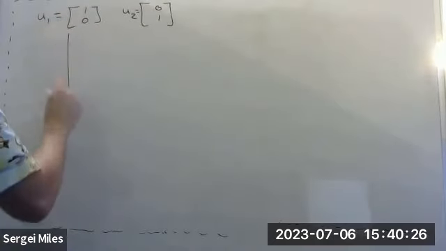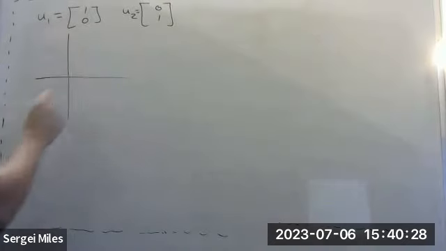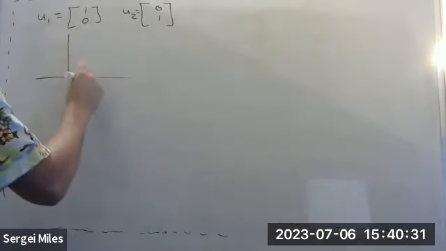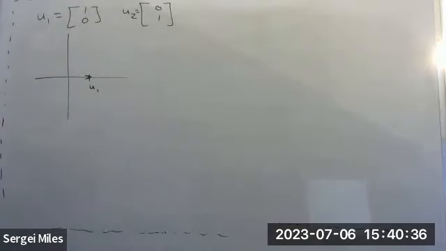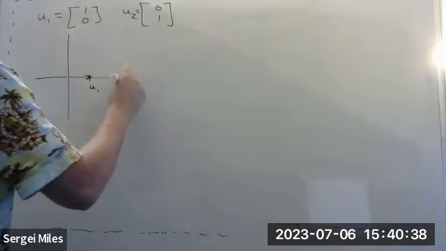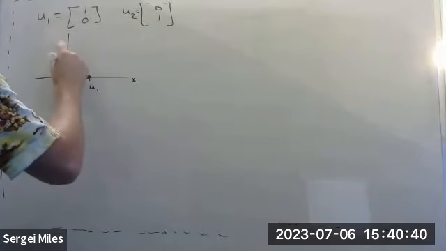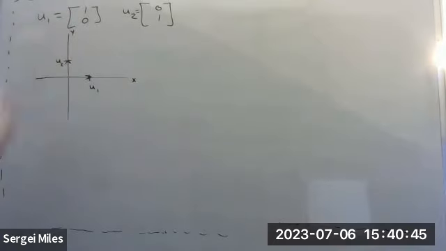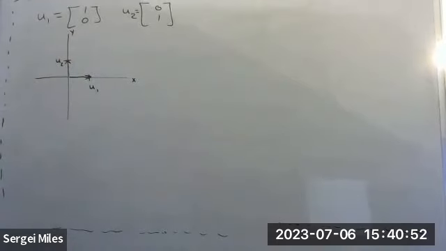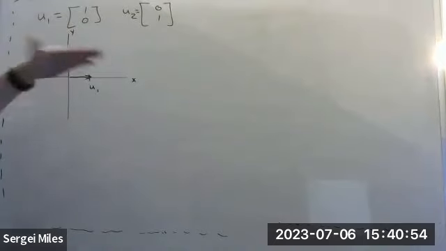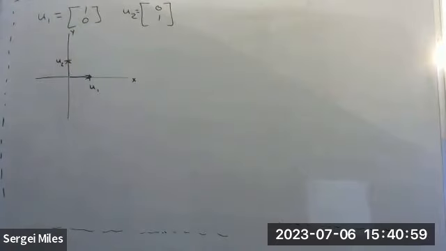Okay, so I can imagine if I'm thinking in the R2 space, here's my vector u1, that's in the x-axis direction. And here's my vector u2 in the y-axis direction, right? So I have these vectors that are exactly 1 unit long. They have a magnitude of 1. One is going in the horizontal axis direction. One is going in the vertical axis direction.